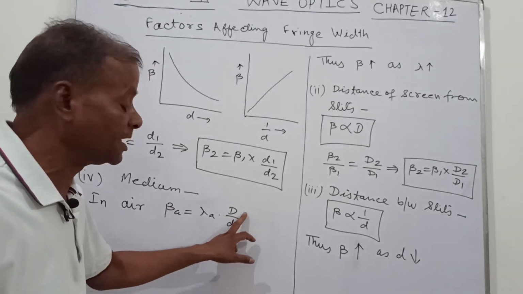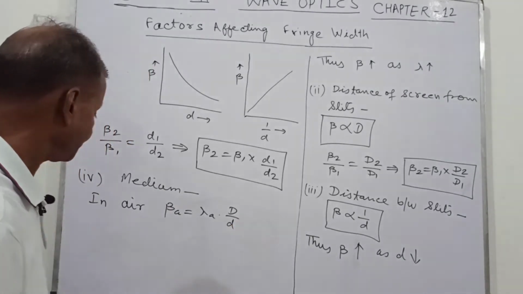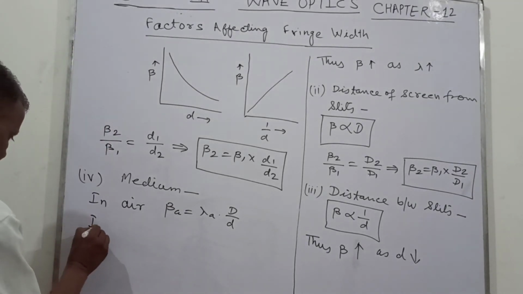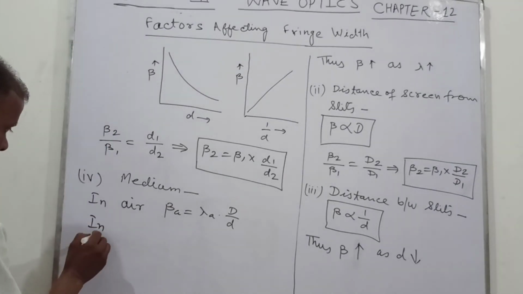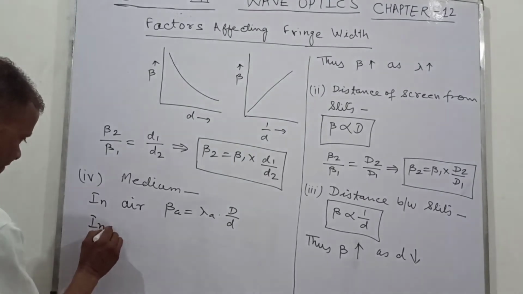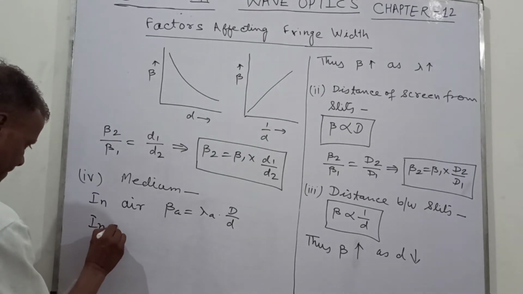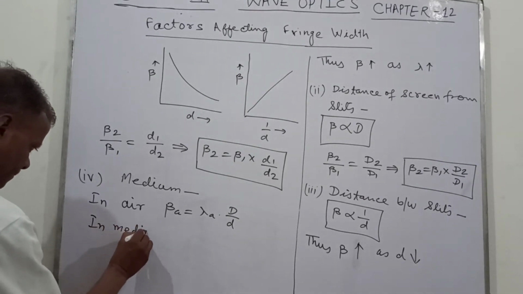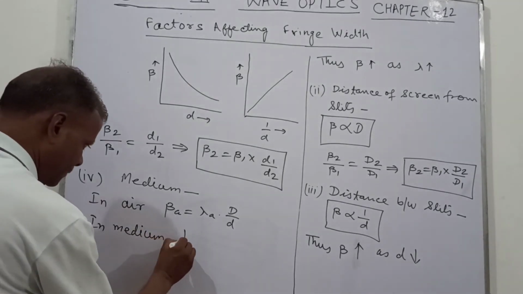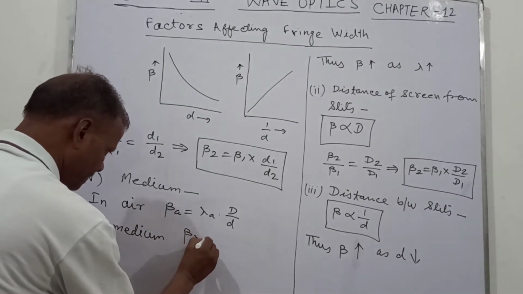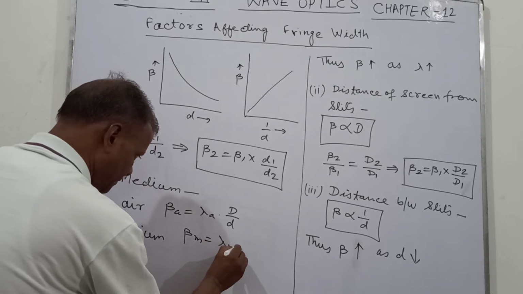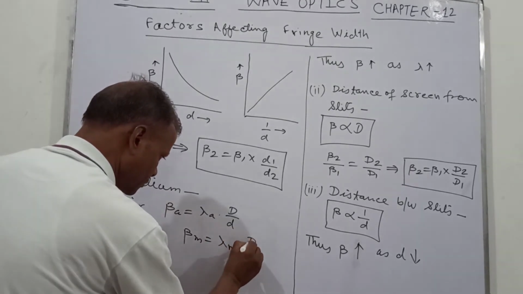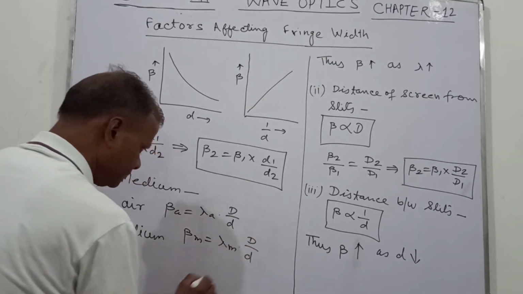D and d are kept constant. In medium or in liquid, beta m is equal to lambda m into D upon d.